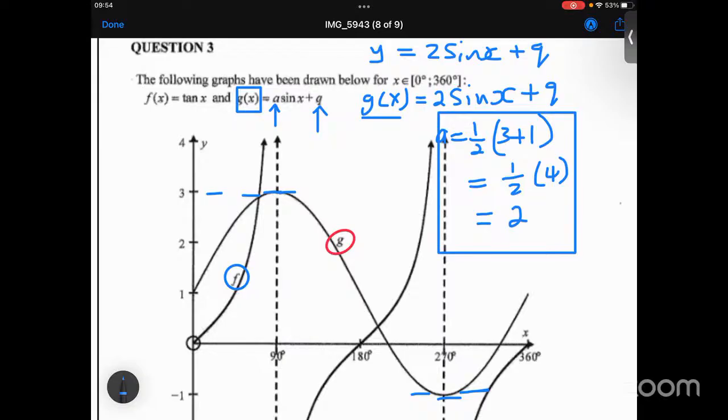So we have to give them names so that when we want to ask you about one, we won't make it obvious and say based on the tan x function, but we'll just say for f of x, then you know it refers to that one of tan. And if we want to ask questions on that one of g, we will say g of x, then you know we are talking about the sine graph.